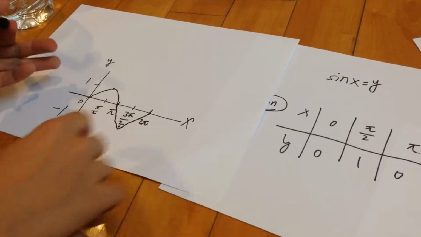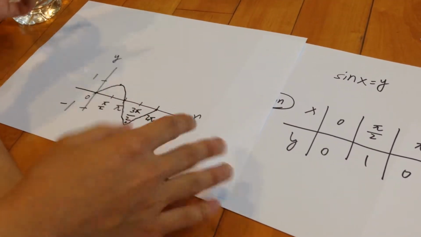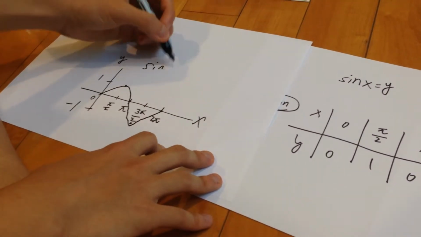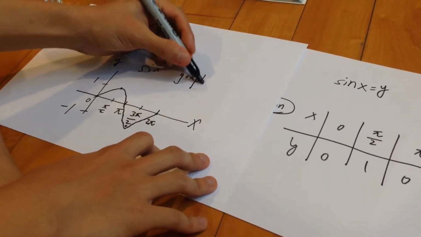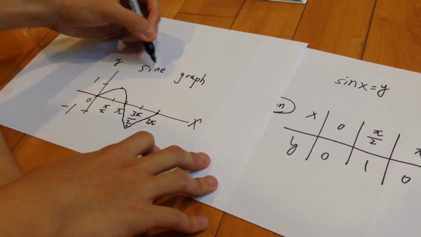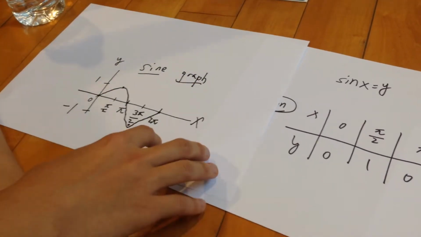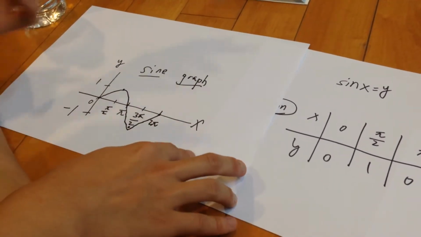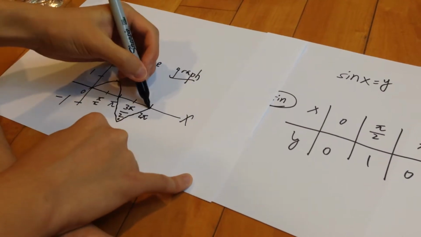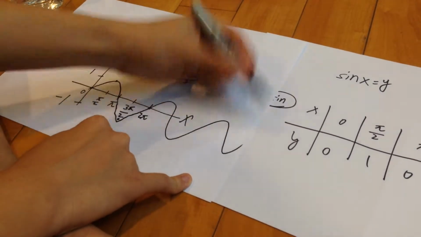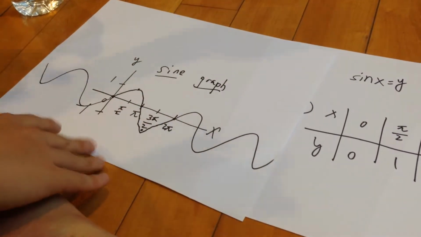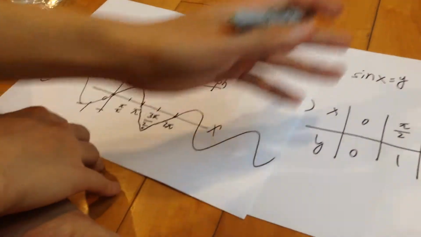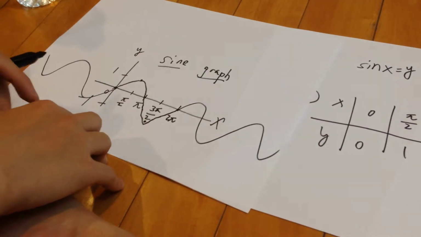And here we have a portion of the sine graph. As you can imagine, the sine graph actually goes on and on and on. So it's like a wave. I see. You know what I'm saying?